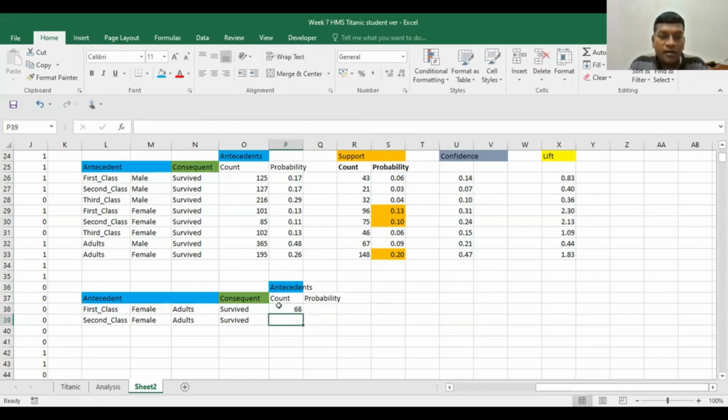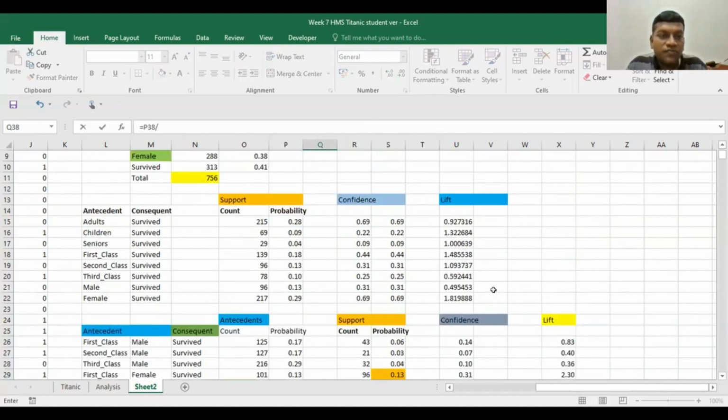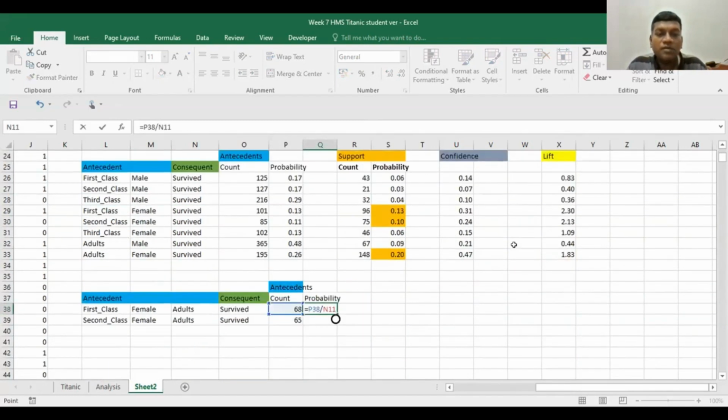Okay, and write the formula down. Probability would be this divided by the total number of passengers on the ship, and lock it, F4.